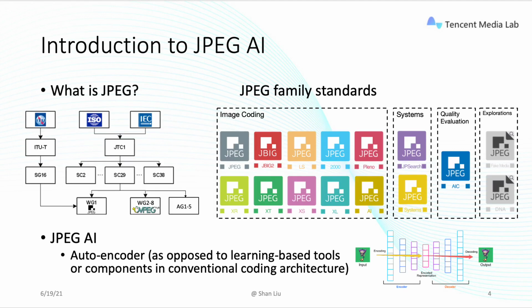First, let's take a look at standardization of learned image compression under JPEG. JPEG, the Joint Photographic Experts Group, is a joint committee between ISO, IEC, and ITU-T. During the past several decades, JPEG has produced a series of image coding standards, such as the well-known and widely used JPEG, JPEG 2000, JPEG XR, and a few more.